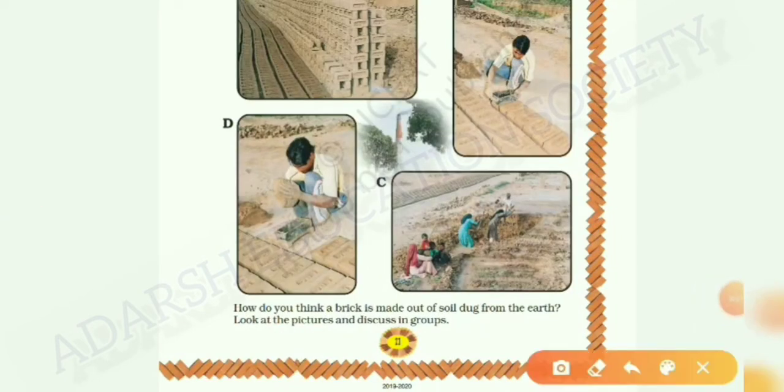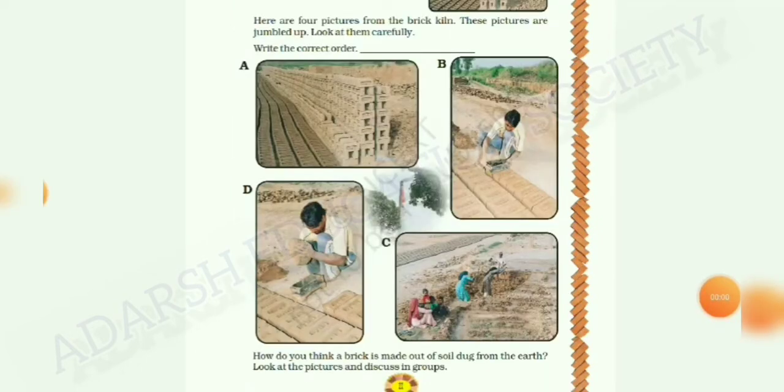In picture D, these men are shaping the bricks using molds. Here you can see the mold, right? Then next, in picture C, these people are digging out the mud and mixing the water to prepare the brick material.